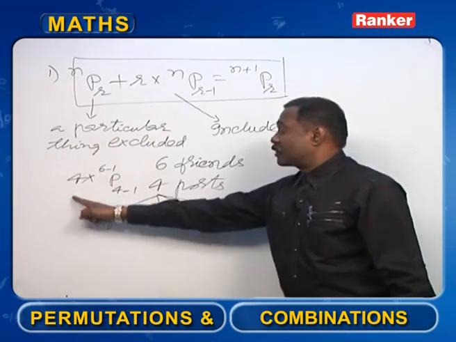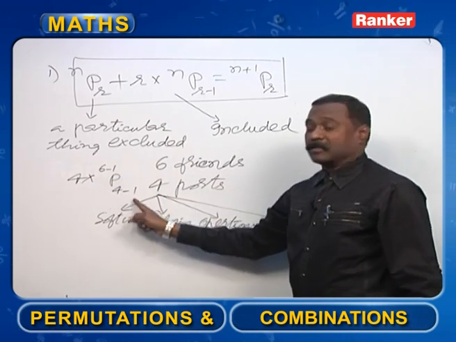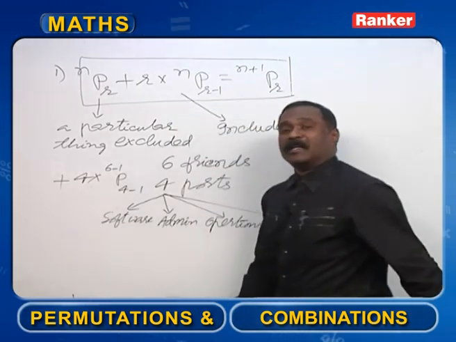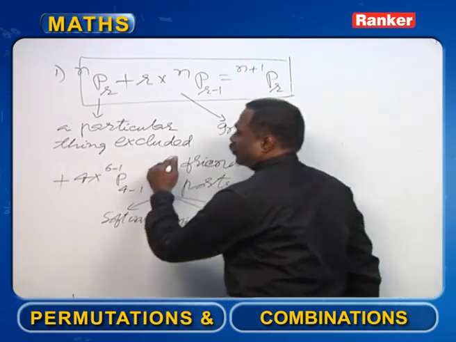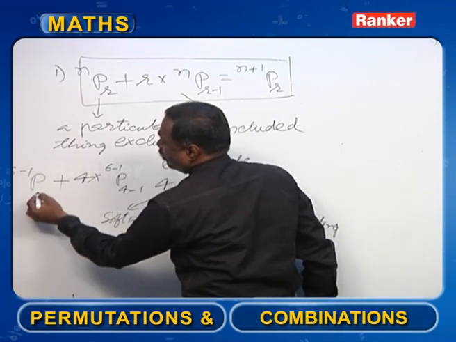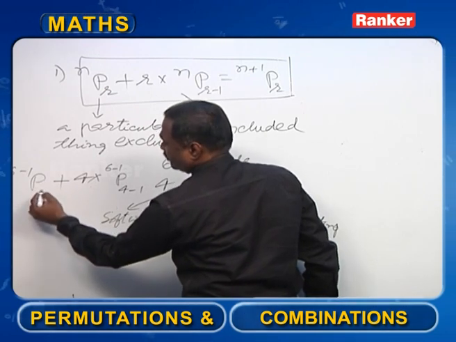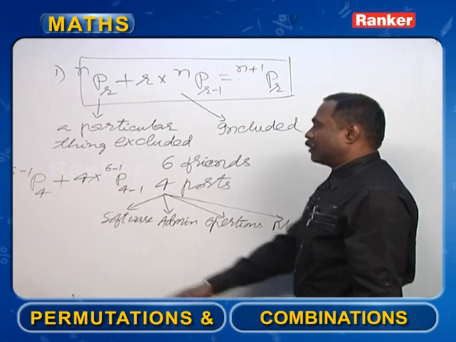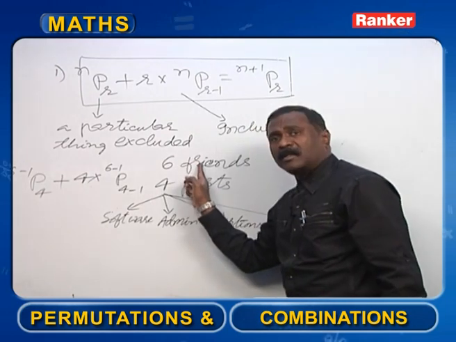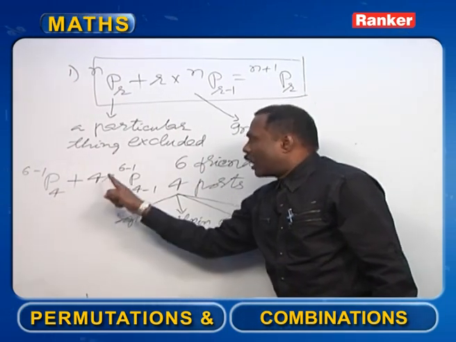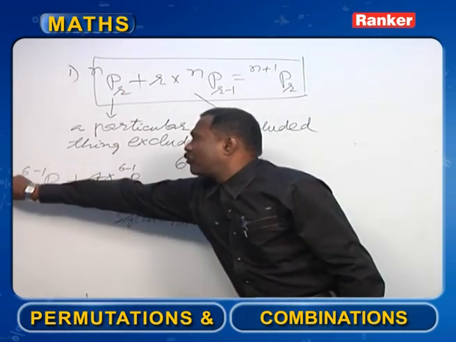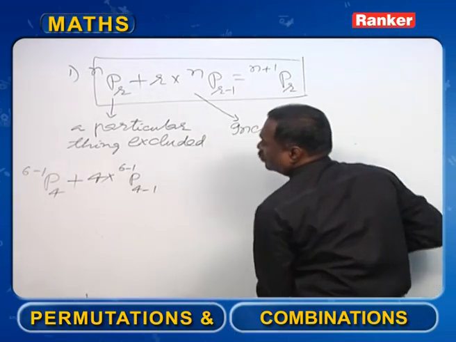If he is excluded, then 1 is excluded and it is (6 minus 1)P4, that is 5P4, where 1 is excluded and 4 are recruited. And when 1 is included, 5 are recruited into 3 posts. This must be equal to what?